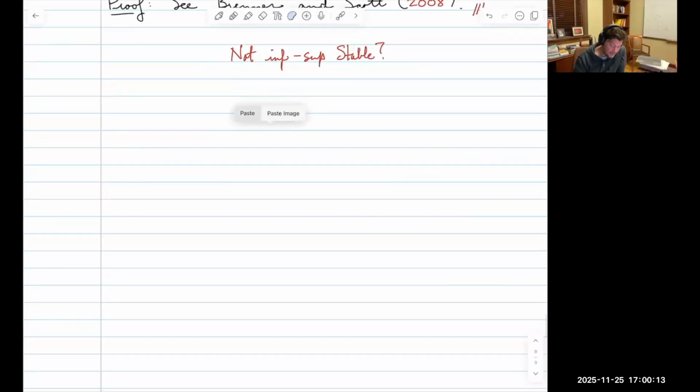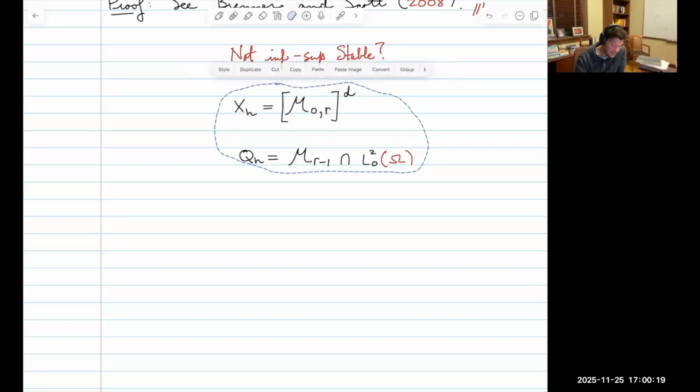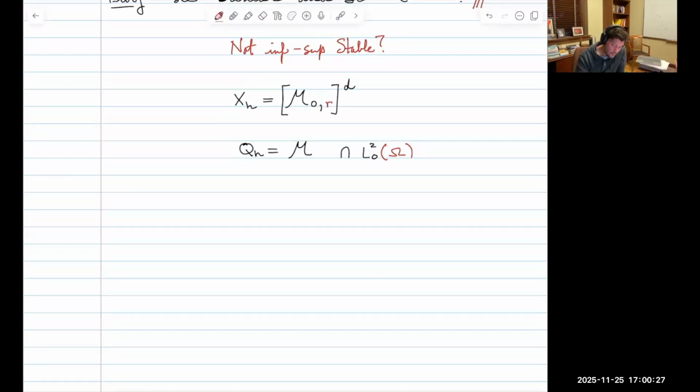But one of the ones which is right away not inf-sup stable is if we take the same degree polynomial here as in the pressure space. If I take R to be the same, or the degree of the polynomial to be the same here and here, then that gives me a pair of velocity subspaces and pressure subspaces which taken together do not satisfy the inf-sup condition. Okay, so that is also well known.